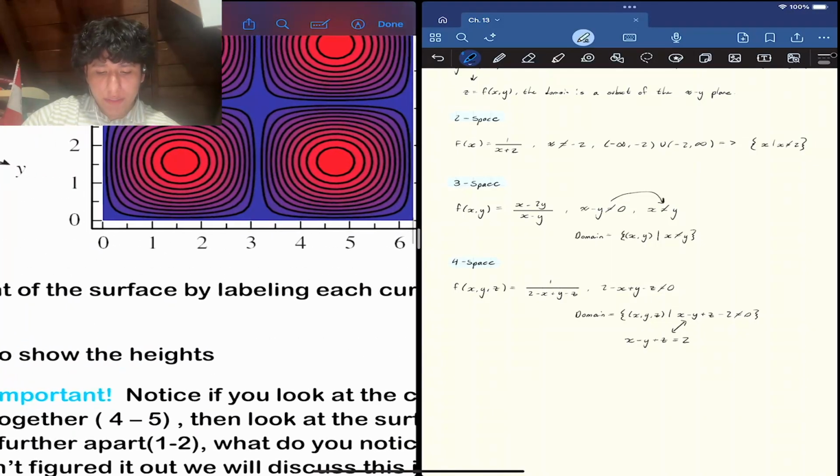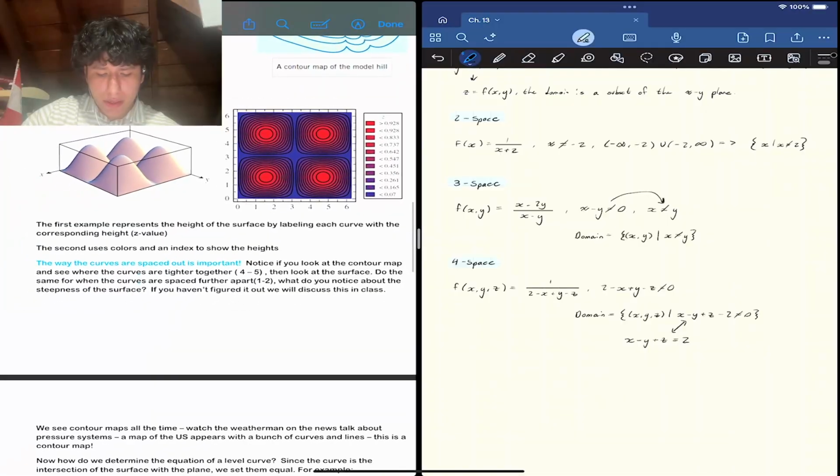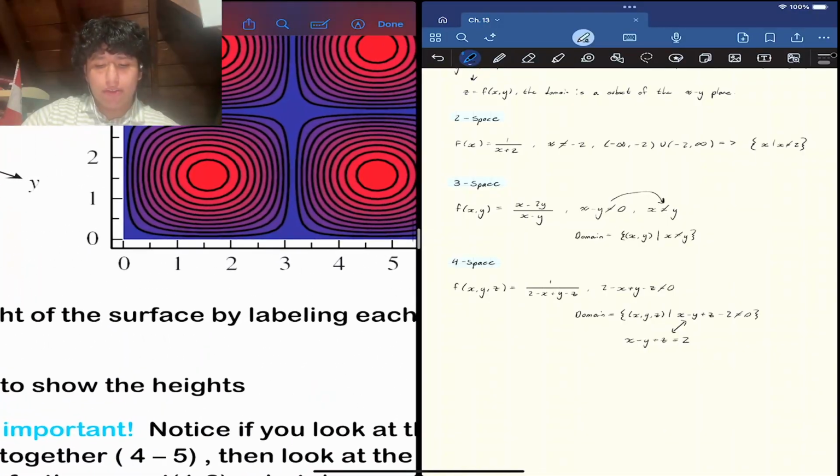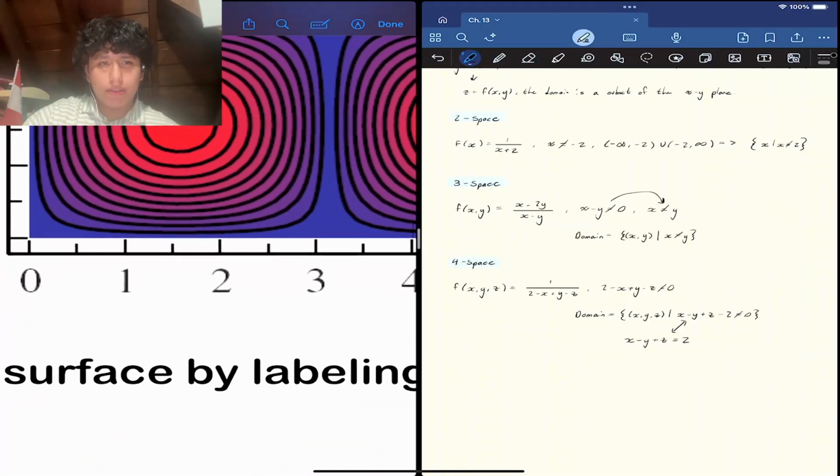I'm guessing it's saying where the curves are tighter together, so like around here, I'm assuming.